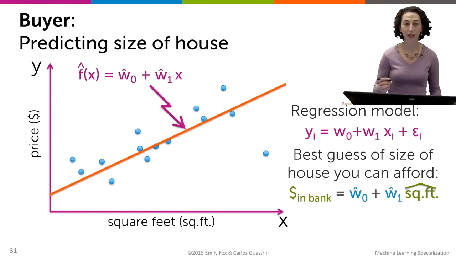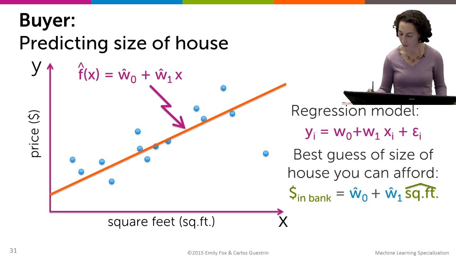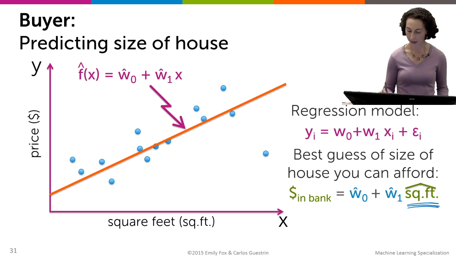Well, I can use this fitted line also if I'm a buyer, not just if I'm a seller interested in listing my house for sale. So for example, what I mean here is that I might have some amount of money that I can spend on a house, and I want to know how big of a house can I expect to purchase with that amount of money. Well, instead of estimating or predicting the value of the house, I can think of predicting the square feet.